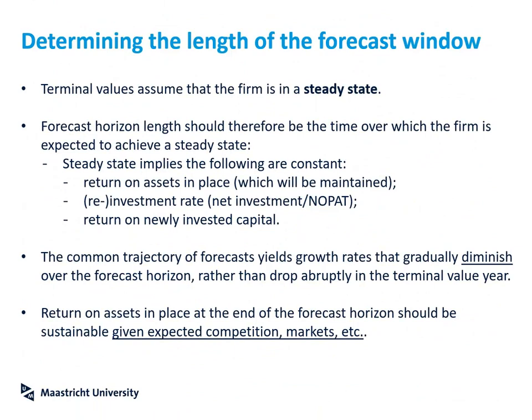So one of the key decisions that you have to make is the length of the forecast horizon and the point in time at which you're going to calculate the terminal value. As said before, in order to be able to calculate a terminal value, the firm has to be in a steady state. And a steady state implies that a lot of factors are going to be stable.